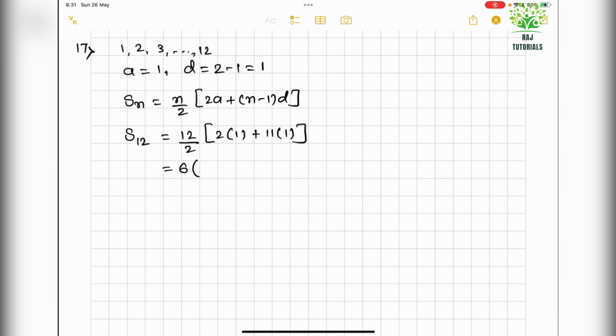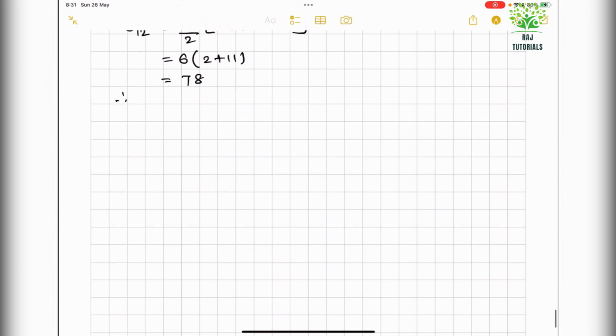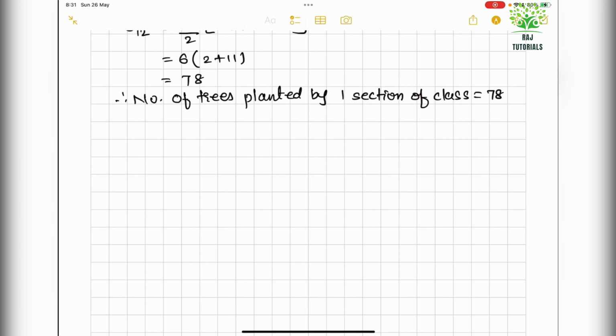So 6 into 2 plus 11, so 78. Therefore the number of trees planted by one section of each class is 78. The number of trees planted by three sections of each class will be 78 into 3, that is 234.